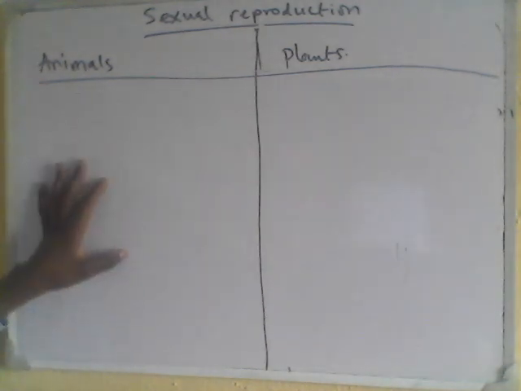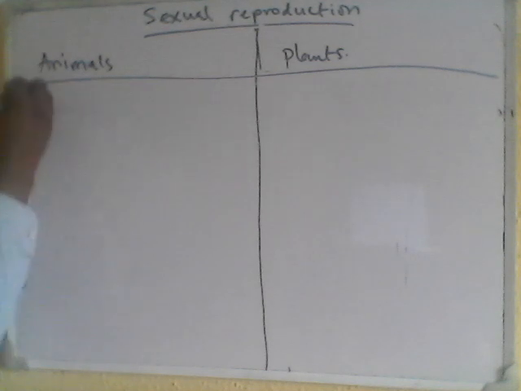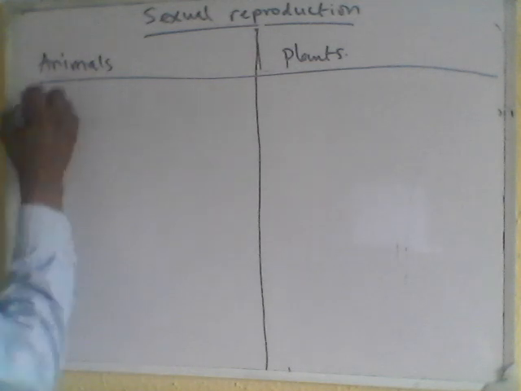For the first one, under animals, how does sexual reproduction work? Number one, it involves male gametes and female gametes.